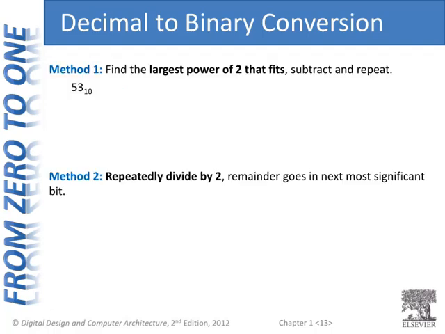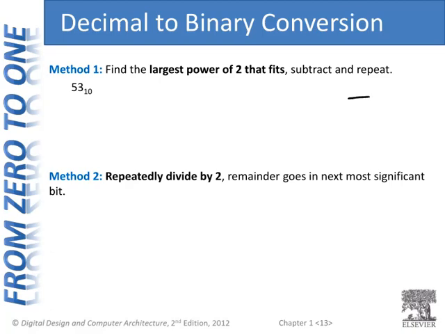We have some decimal number, 53 base 10, and we can think back to a couple slides ago about the powers of 2. So we have 1, 2, 4, 8, 16, 32, 64. Okay, so 64 was too big, but 32 would fit in 53. And what you'll want to do is write out those places or those column values as you go.